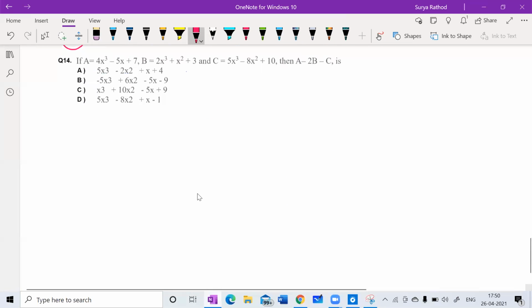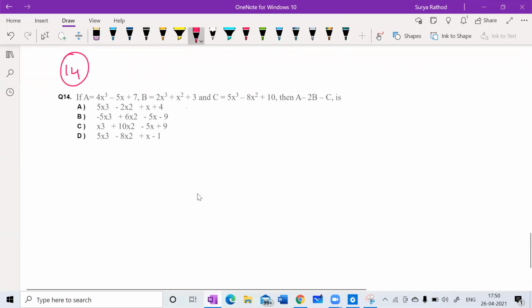Look at the 14th question. I just guessed the answer. No need of guessing the answer. See here, A given, B given, C given, you have to subtract. That's all. How can we solve this question?